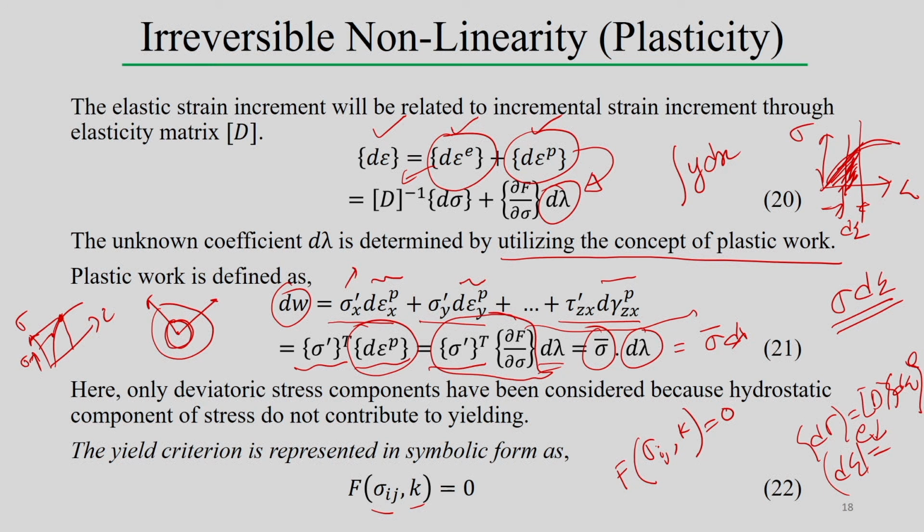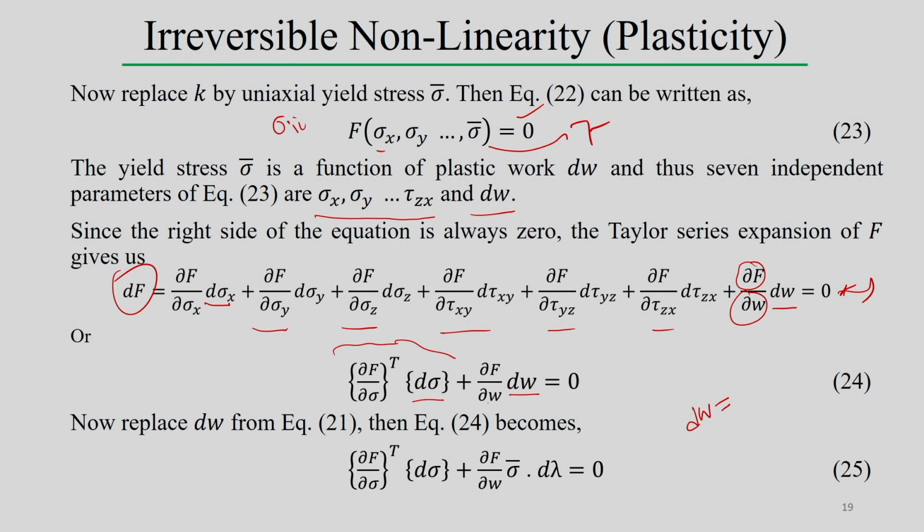So, the plastic work done overall corresponds to all the stress components. Now, if we represent these stress components as a single component of the stress value, then this part is replaced by the single stress value into d lambda. So, dw equals sigma bar into d lambda, and we can reach this kind of expression.